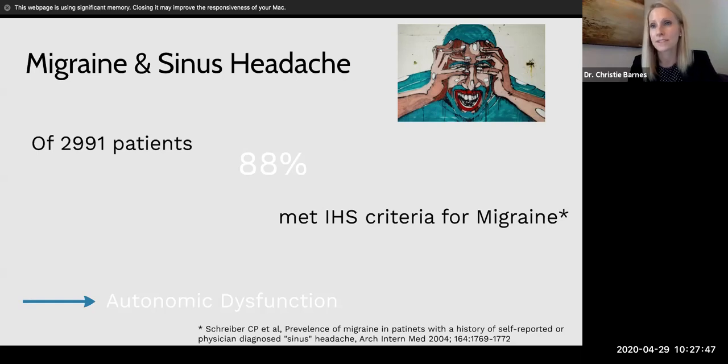And so we know that the prevalence is incredibly high in the population that are diagnosed with sinus headaches. So if you're a betting person, if a patient walks into your office with sinus pain, there's a good chance that you may be dealing with either a migraine or a primary headache disorder.